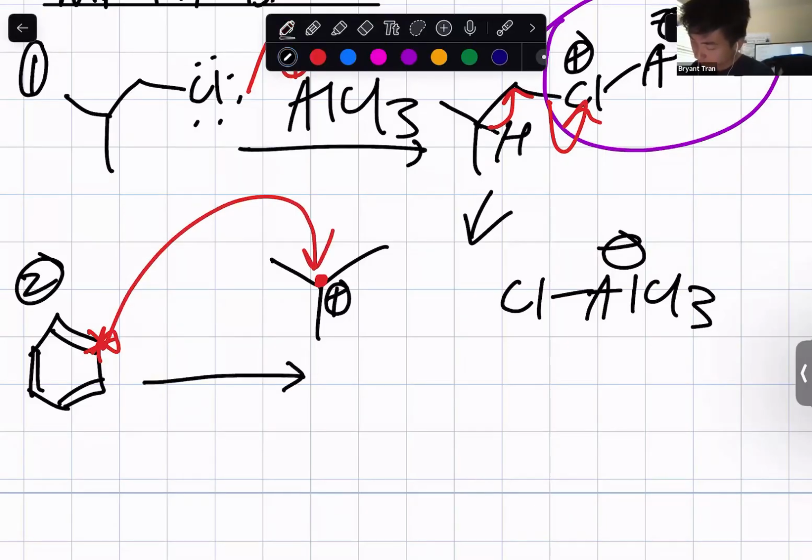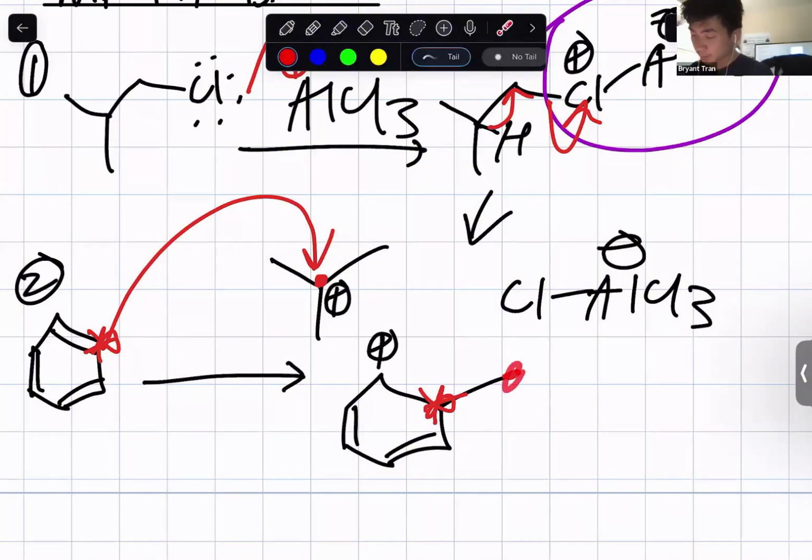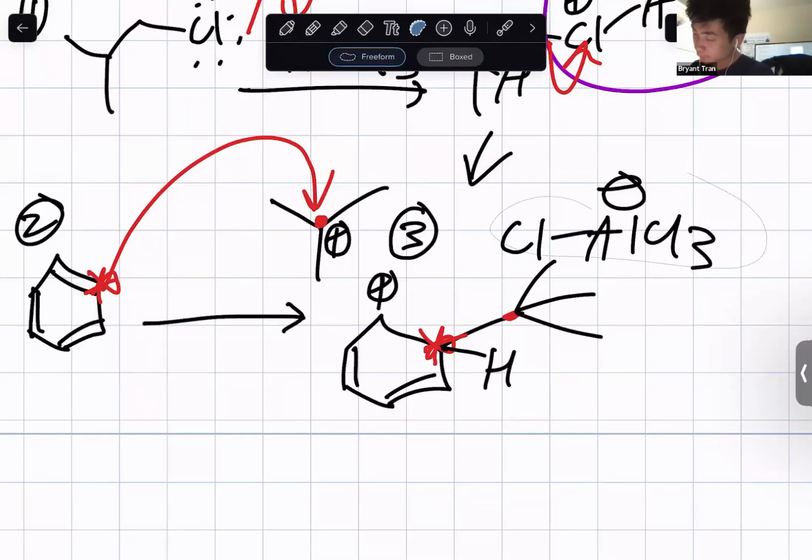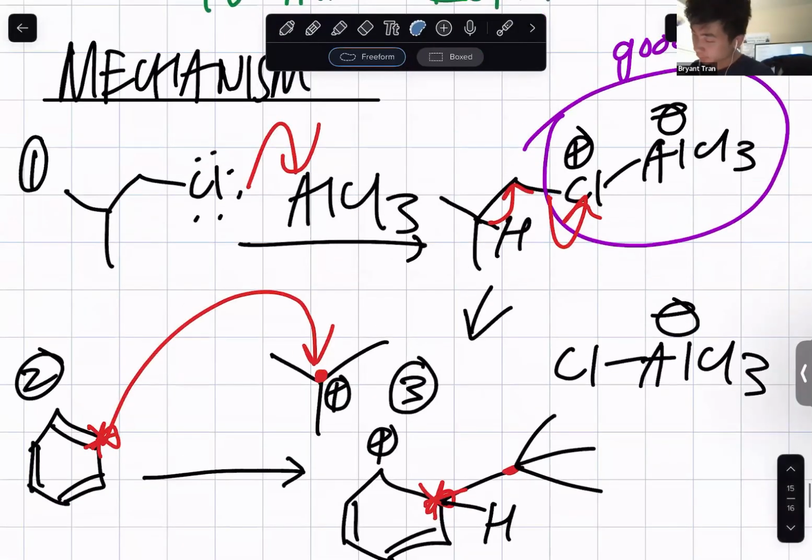Make a new bond between the nucleophile and electrophile. Positive charge on the carbon that lost the bond. This electrophilic carbon here has 3 methyl groups, so we draw 3 methyl groups coming out like this, 1, 2, 3. And now the third step is to restore aromaticity by using this base that we formed earlier.